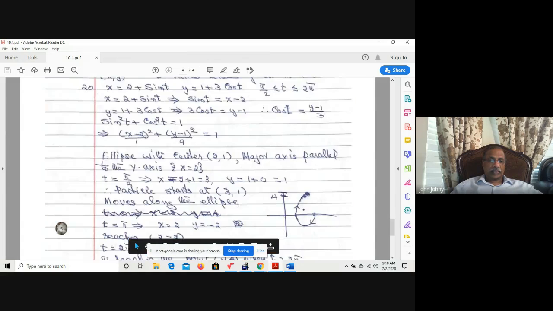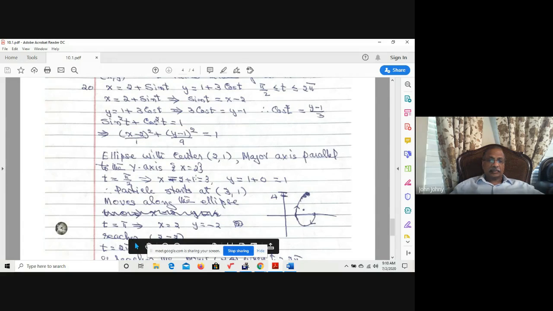When t is equal to pi, x is 2 plus sine pi, which is 0, so 2. And y is 1 plus 3 cos pi. Cos pi is negative 1, so that is negative 3. So it becomes 2, negative 2. It is here.